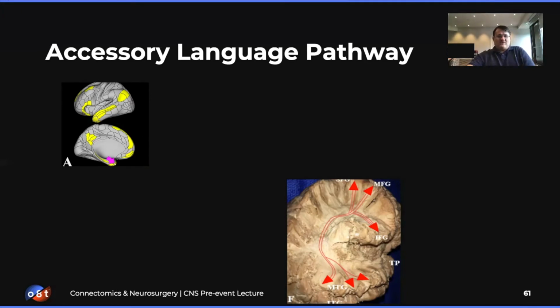And this may provide some anatomic understanding of how patients who undergo temporal lobectomy or even selective amygdalohippocampectomy develop some of these language disturbances that have been documented.